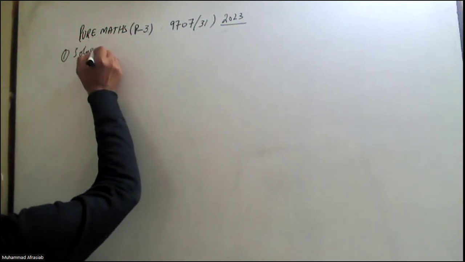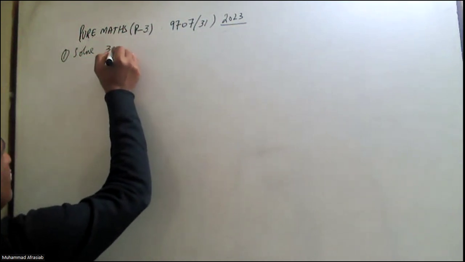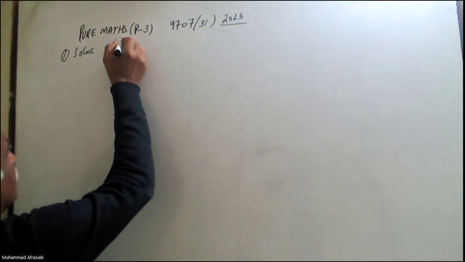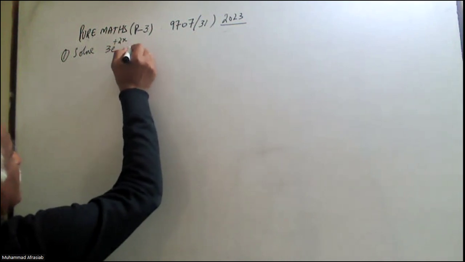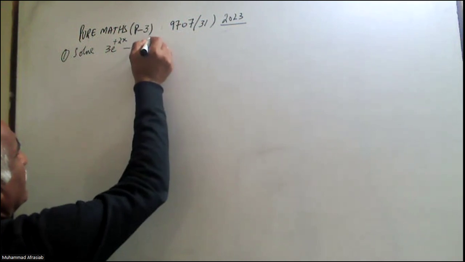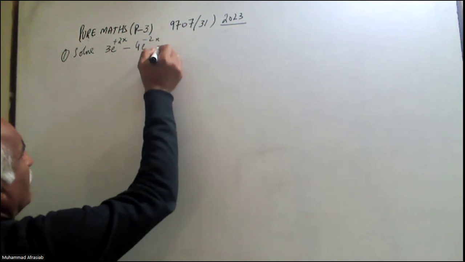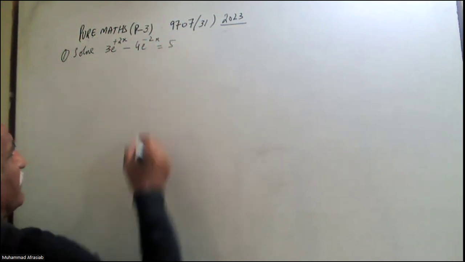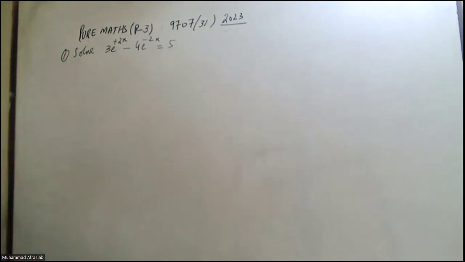Solve 3e^(2x) minus 4e^(-2x) is equal to 5. You are going to solve this question for the values of x to three decimal places.